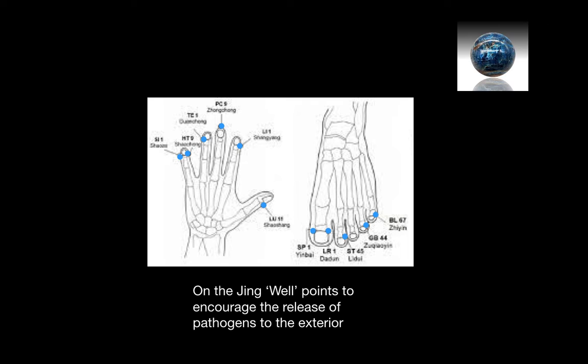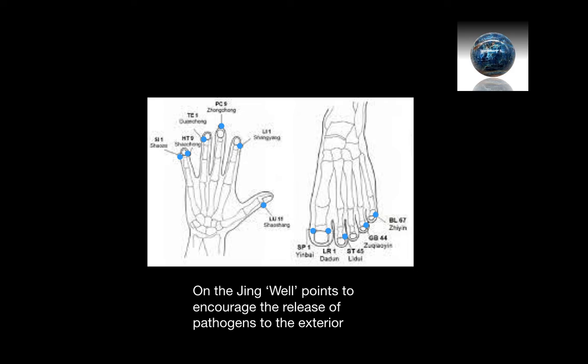Starting from the thumb, we have the lung point on the outer cuticle of the thumb. Next is the large intestine meridian on the index finger. Next is the pericardium meridian, which is the only point that does not touch a cuticle, and it's on the tip of the middle finger.